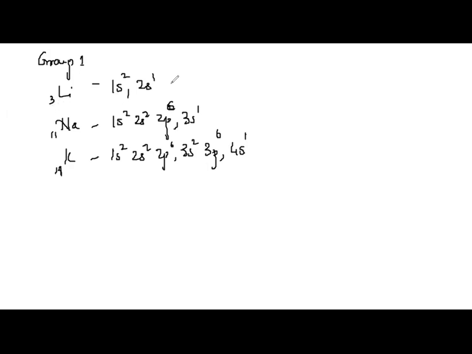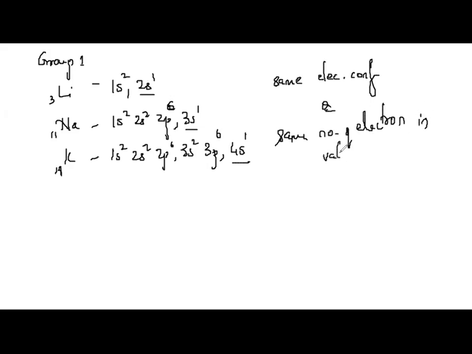So if you look here, the elements which are present in a group have the same number of electrons in the valence shell. In the outermost shell, I can say they have the same electronic configuration, or the same number of electrons in the valence shell, both are the same.